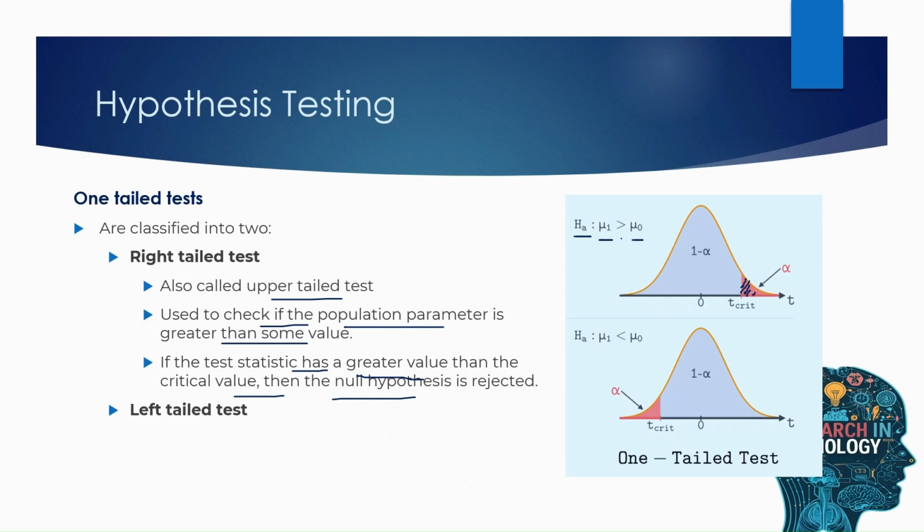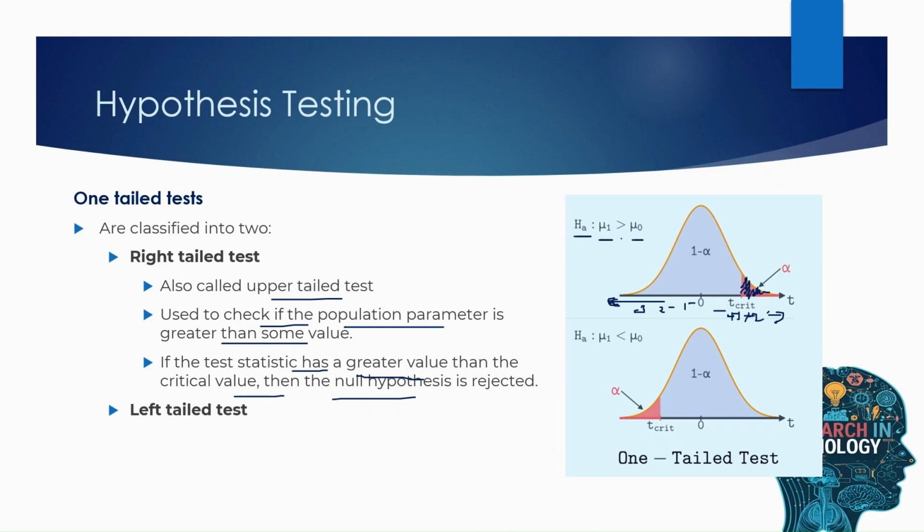So if you know the number line, this is 0, this is +1, +2, +3, the value increases this side, right? And here -1, -2, -3, the values decrease towards this side, right? So the critical region falling on the right side means you are saying that your test statistic has a greater value than the critical value, right?